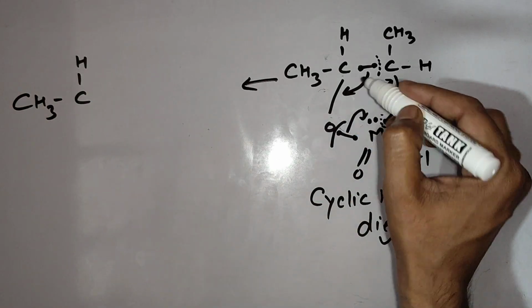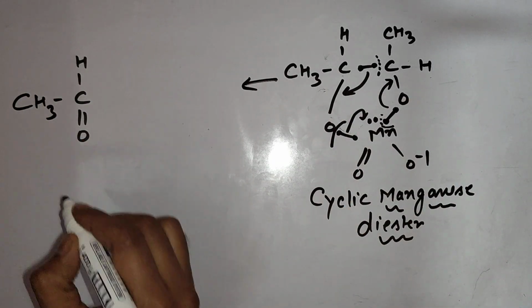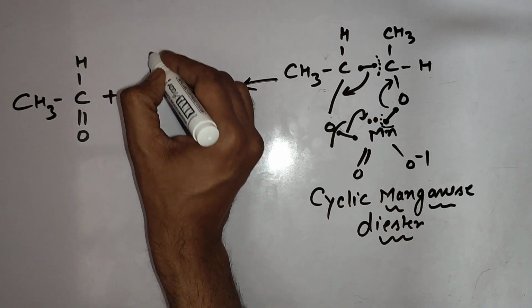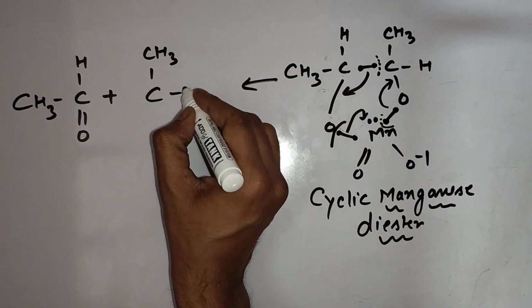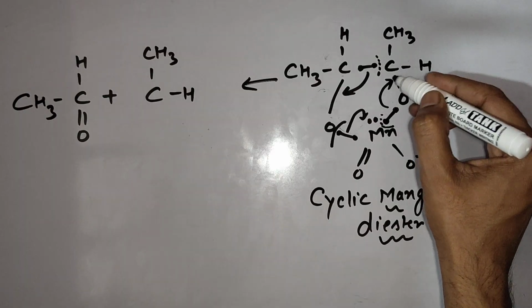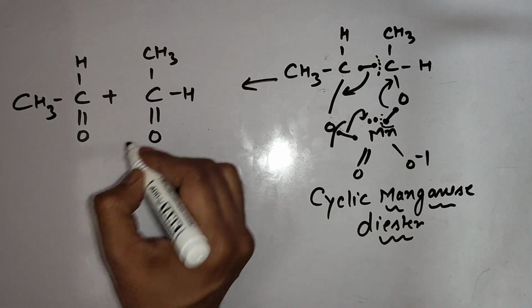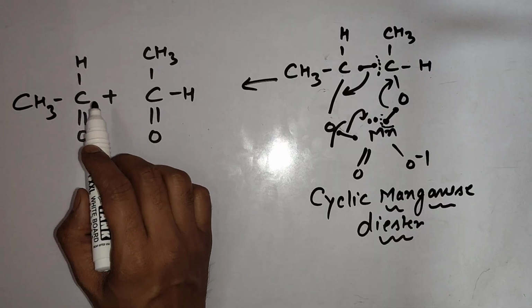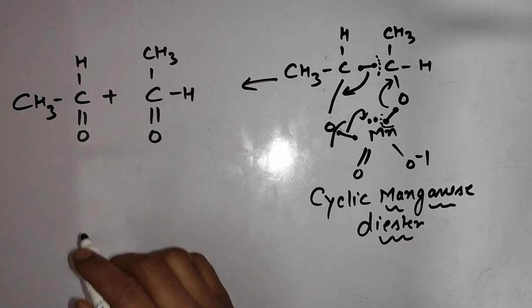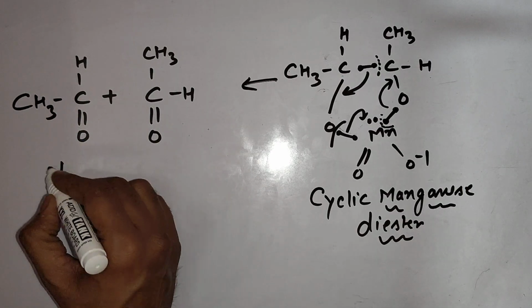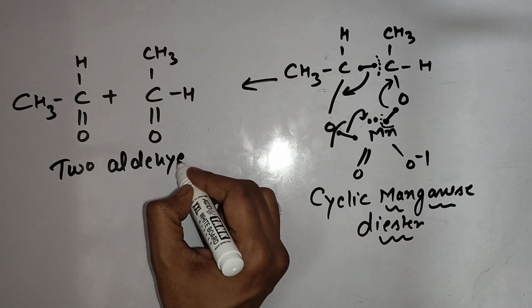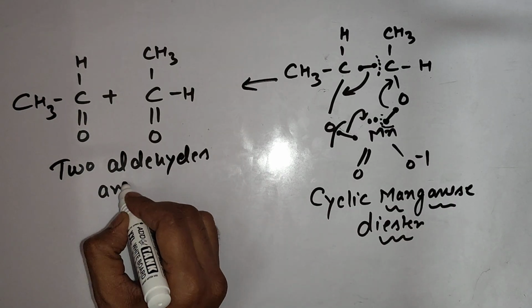A double bond will come between carbon and oxygen. Here also a double bond will come between this carbon and oxygen. That's it. You can check. Two ketones, sorry, these are two aldehydes. Two aldehydes are generated there.